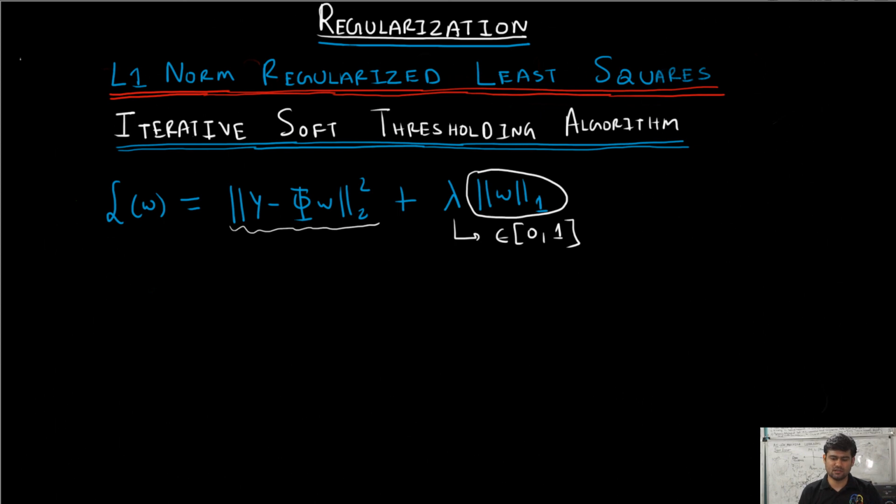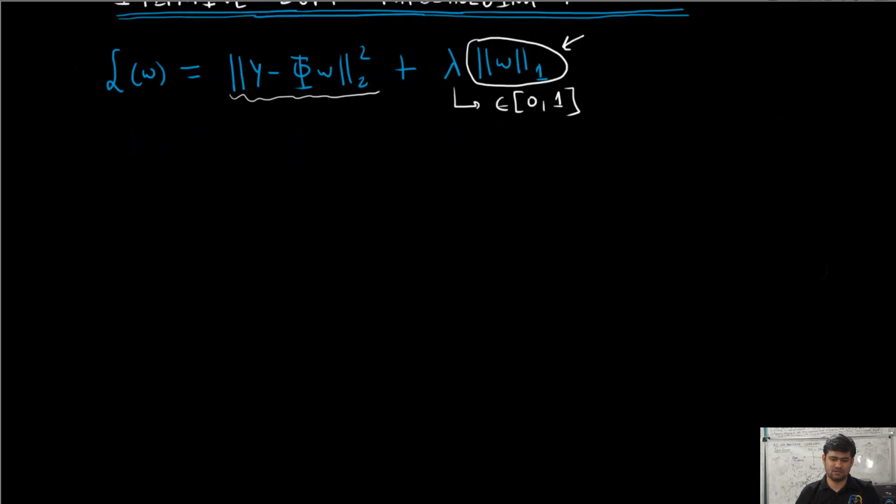So the smaller the lambda, the lesser the importance for this regularization term, and the higher the value of lambda, the more the importance this regularization term gets. So we have seen that we can use the subgradient descent algorithm to minimize this non-differentiable loss function.